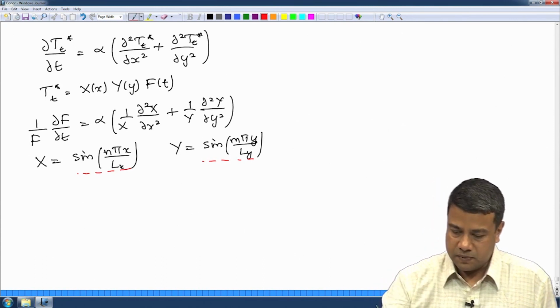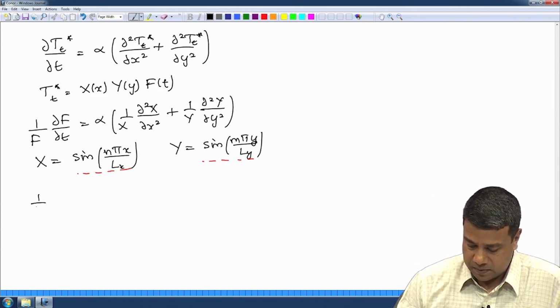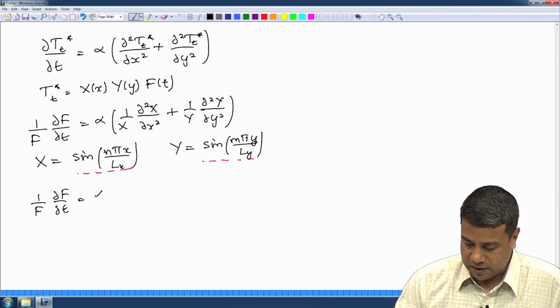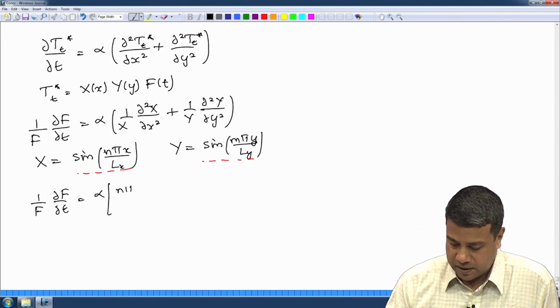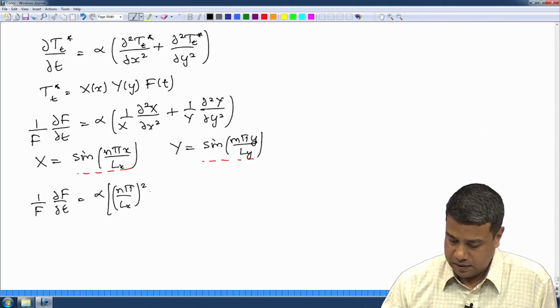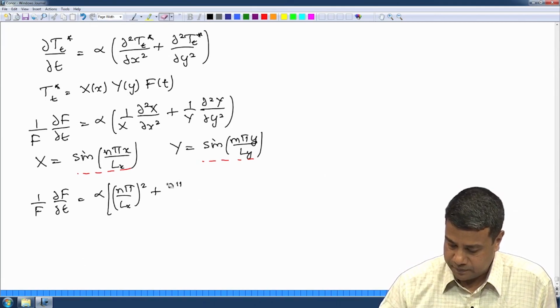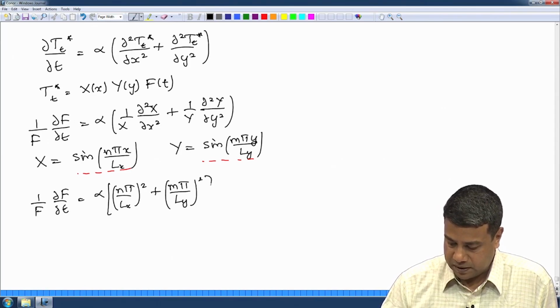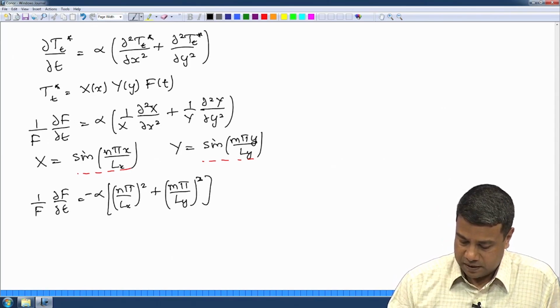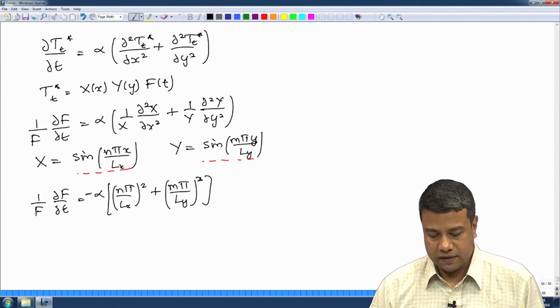Once you put that in, you will get 1 by f partial f by partial t is equal to alpha, the thermal diffusivity, times n pi by Lx the whole square plus m pi by Ly the whole square, with a negative sign here. Why the negative sign?